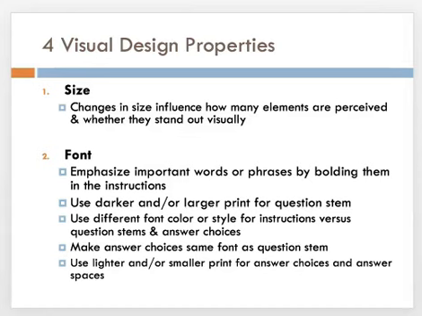So with font, it's important to know your audience in order to determine the optimal font size for legibility. And a real good rule of thumb is to start with 12-point size font, and then you adjust it based on the needs of your audience.